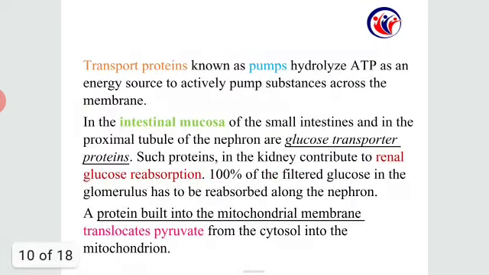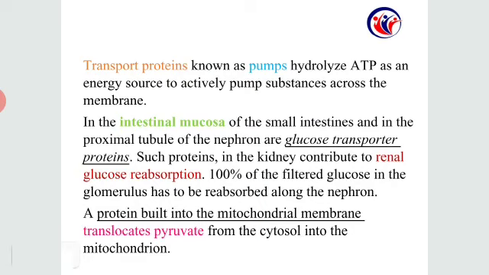Now, in the next slide, we say transport proteins known as pumps hydrolyze ATP as an energy source to actively pump substances across the membrane. So these substances will cross against a concentration gradient, probably from low concentration to high concentration. But you must use energy to pump them across. And those are special membrane proteins called pumps.